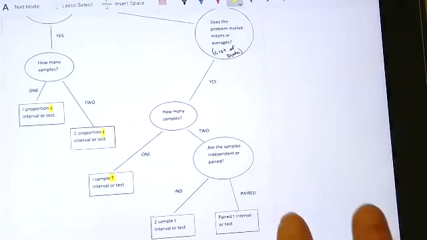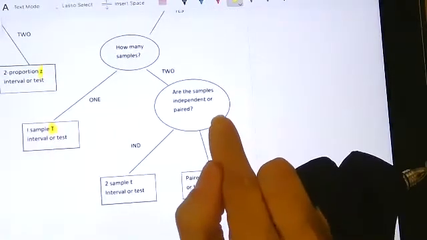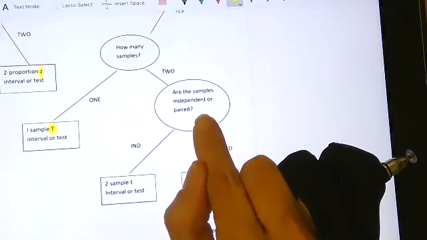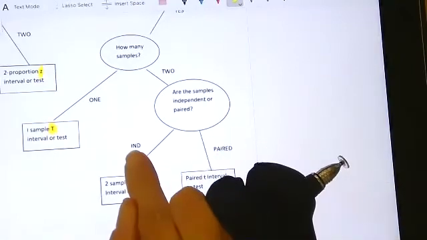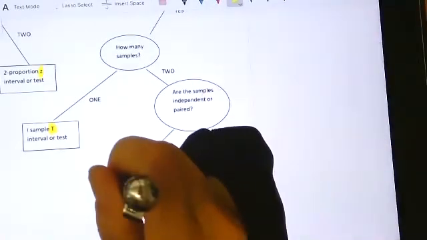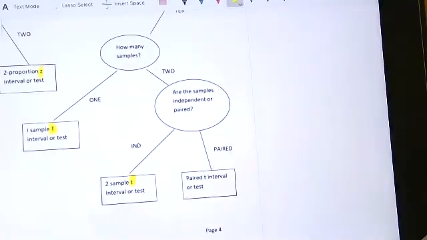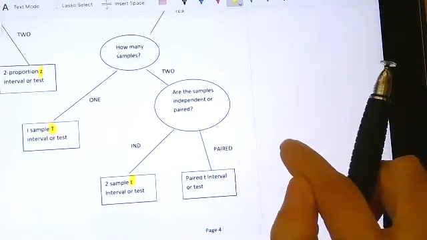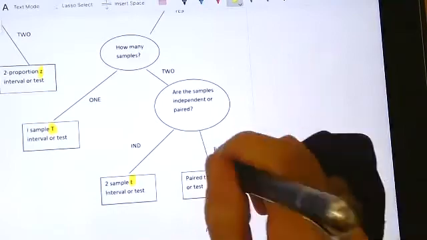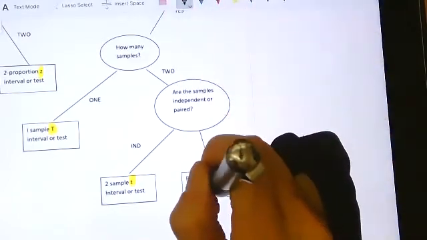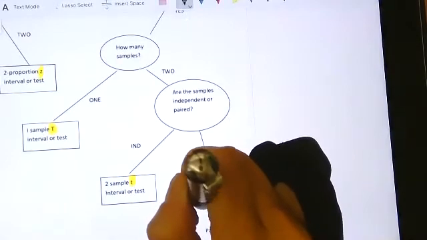If you say there are 2 samples, then the next question is, are the samples independent or are they paired? If they are independent samples, you do a 2 sample T interval or test. If the 2 samples are paired, then you take the differences and you do a paired T interval or test. And remember, that is on the differences.